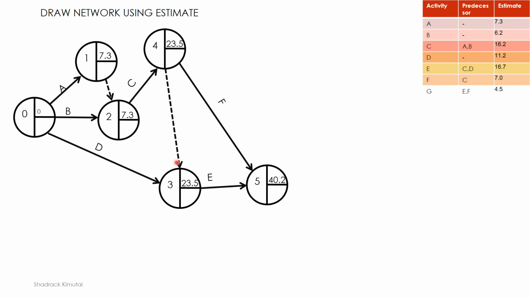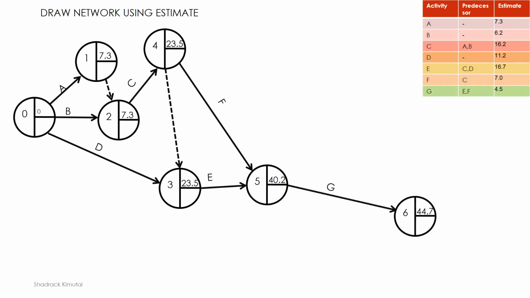So with that restructured, we'll find that activity F takes 7.0 days to complete. So when we add that 7.0 on 23, we'll get 30, and 30 is less than 40. Therefore, it means that the value that we had initially will hold.